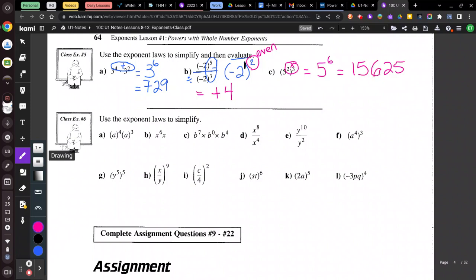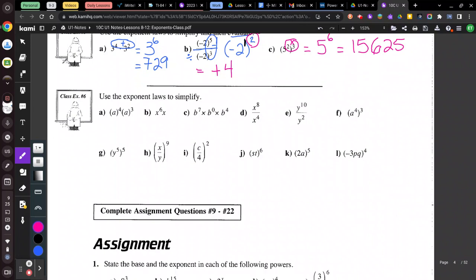More simplifying, but now we're going to use coefficients and variables. So we're going to use both now. So if I look at the next one, side by side, whenever brackets are being side by side, it means multiplying. So if I'm multiplying, I'm going to add exponents. So I'm going to add the 4 and the 3. I'm going to get A exponent 7. And again, when you do that, it removes brackets.